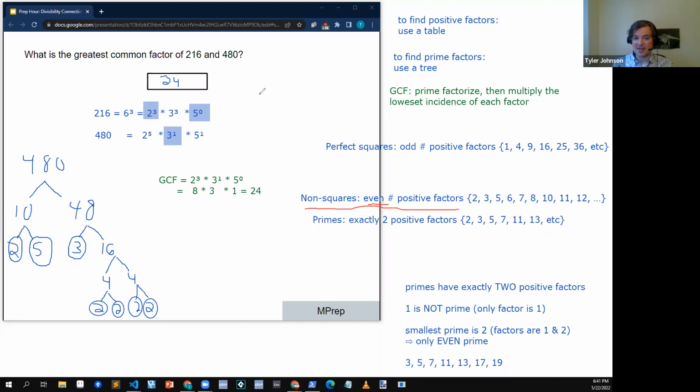Okay, as an aside, what would the least common multiple of these two numbers be?